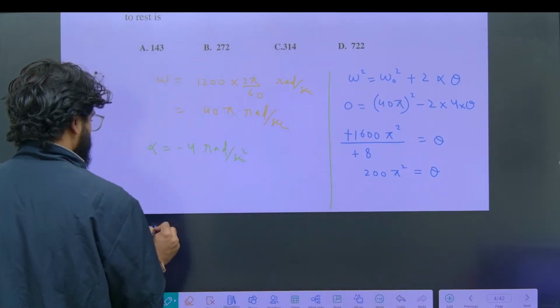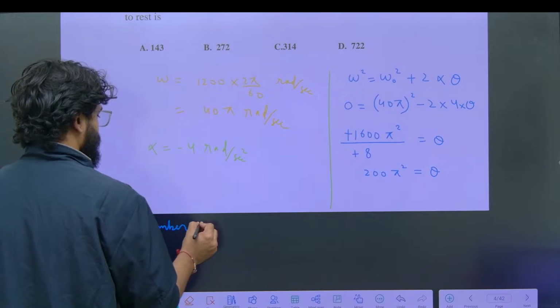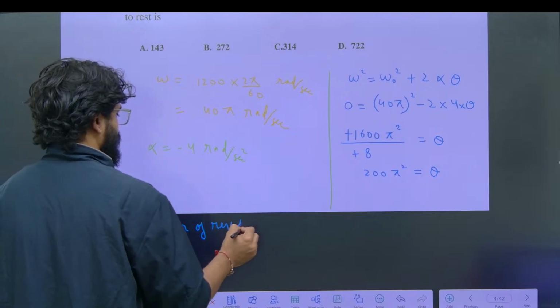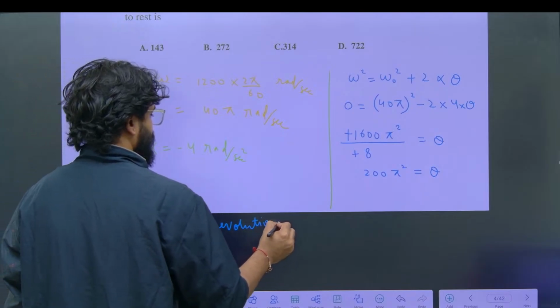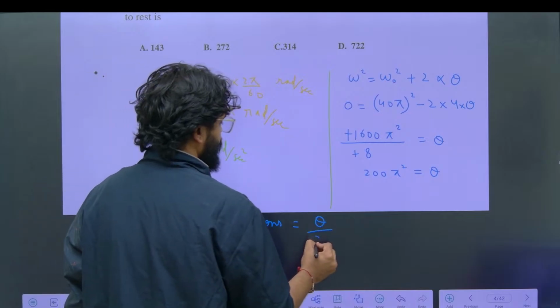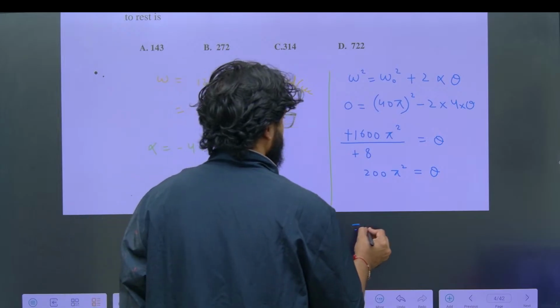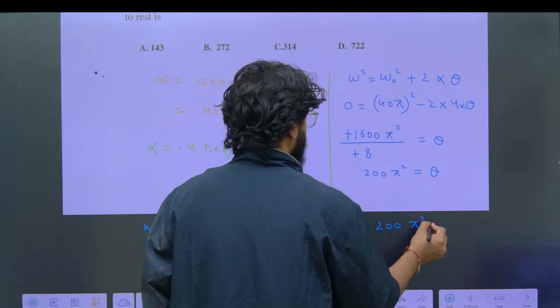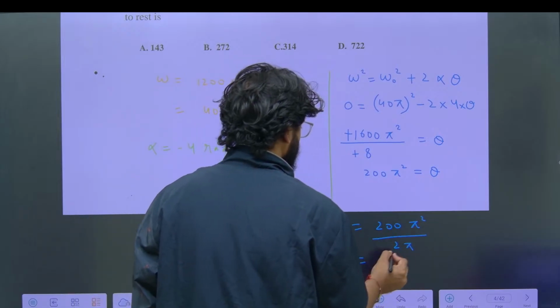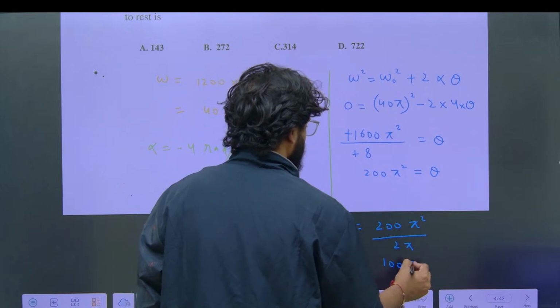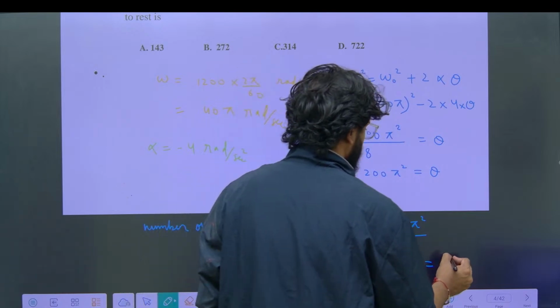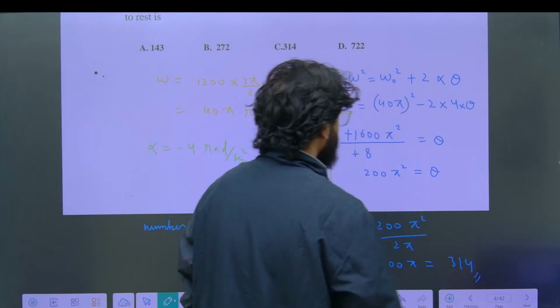Number of revolutions equals theta upon 2 pi. So that will be 200 pi square upon 2 pi, so 100 pi. We can put the value of pi as 3.14, so the answer should be 314.